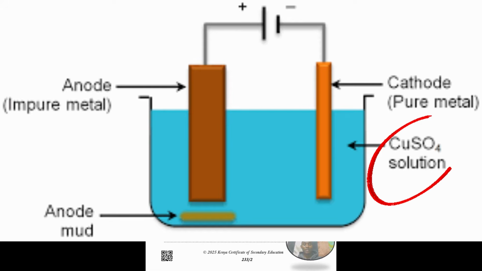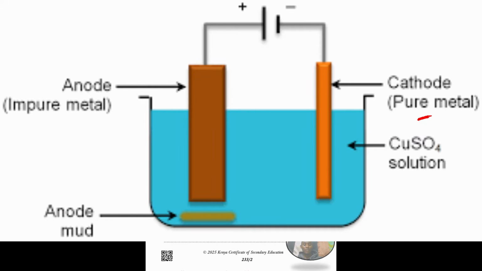Then we allow electric current to pass through them, and from there we are able to collect pure copper which deposits on the cathode side of the electrochemical cell.